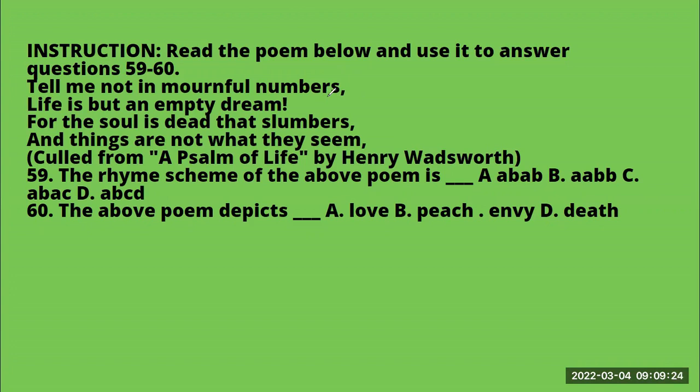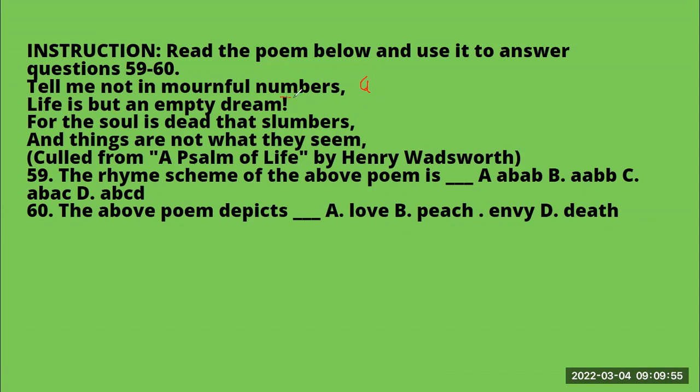All right, so that is rhyme. And the rhyme scheme has to do with how the last words in the poem rhyme with one another. Okay, so when we start, the first line ends in numbers. So we note the sound of numbers and we place this as A.